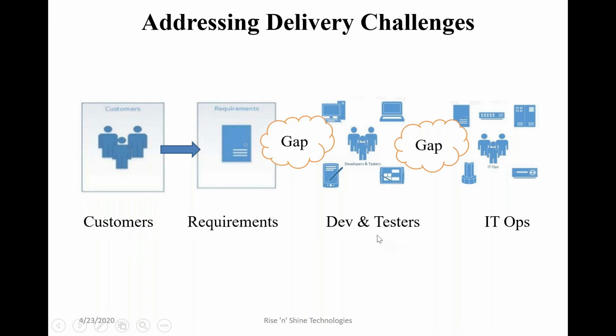Second, another point to see is, once requirements are implemented by the development team and they say the functionality is ready, that functionality will be used in testing environments, that is, testing teams, load testing or UAT testing, and finally delivered to the production environment.